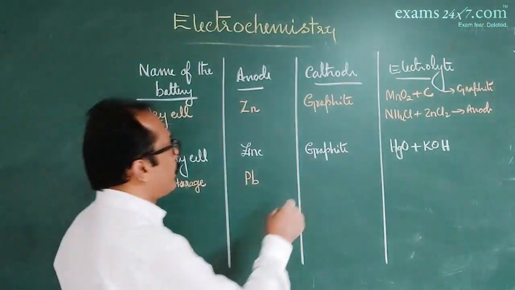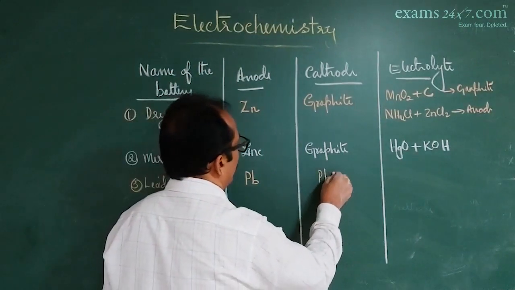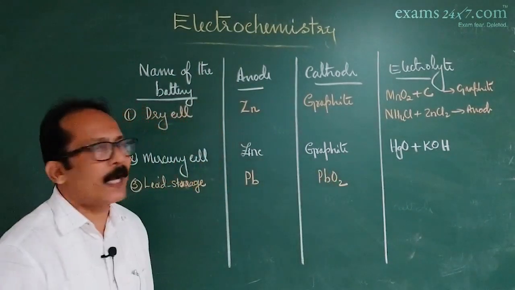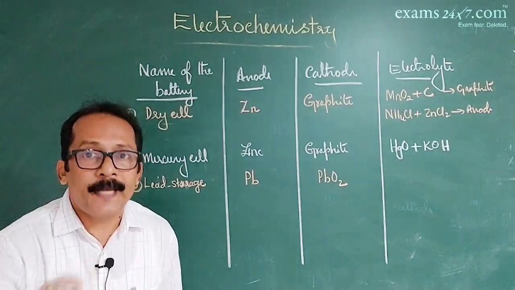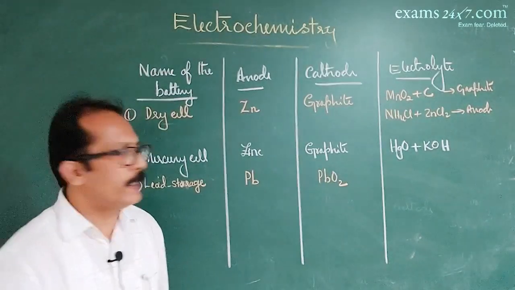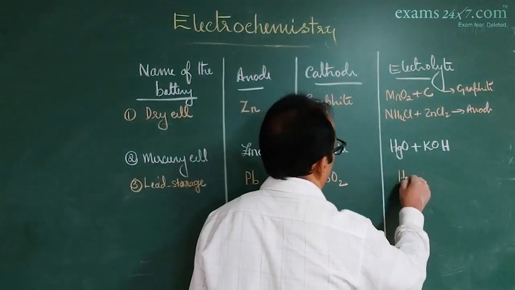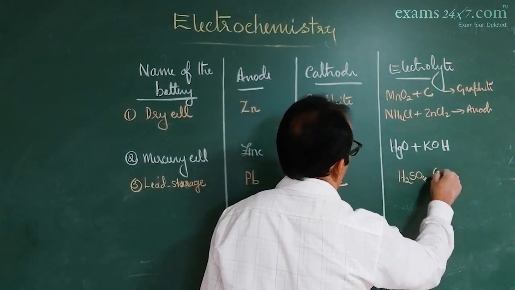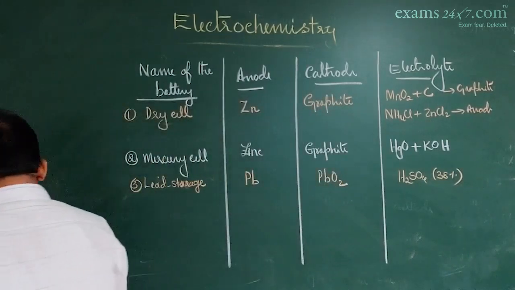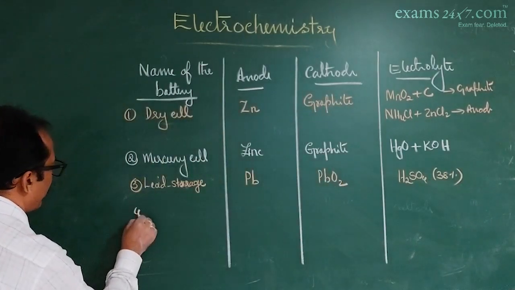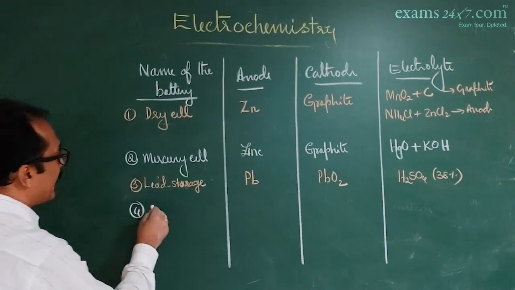Lead plates coated with lead oxide, PbO2, act as the cathode. And 38% sulfuric acid acts as the electrolyte. Now, next one, after the lead storage battery, the fourth one, the Nicad cell.